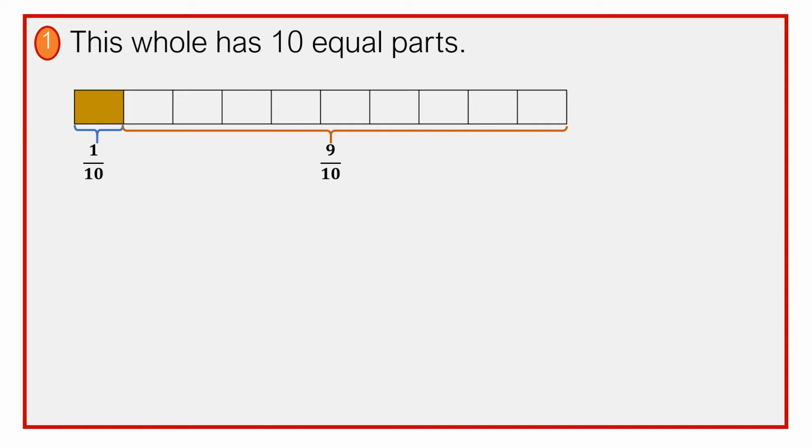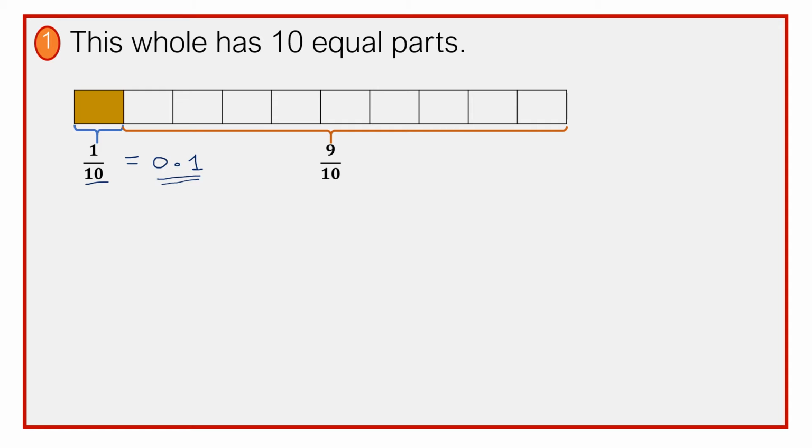So we can write 1 out of 10 as 0.1. Okay, so 1 out of 10 is a fraction, but 0.1 is a decimal.